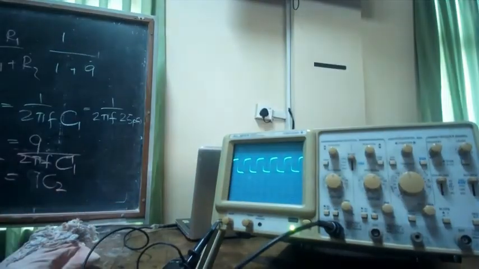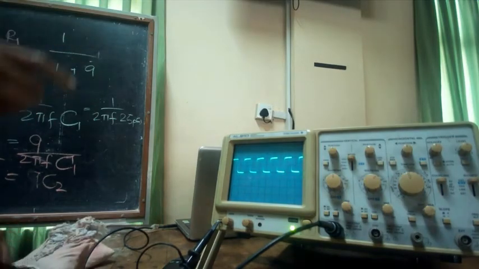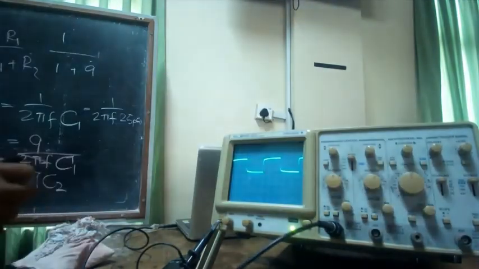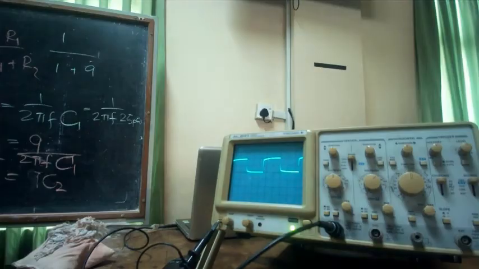See, now this one, you don't see a square waveform, do you? Right, now you see the reason why you see this distortion. It's not a square waveform. Do you see this as a square waveform? This is a square waveform. This is not a square waveform.